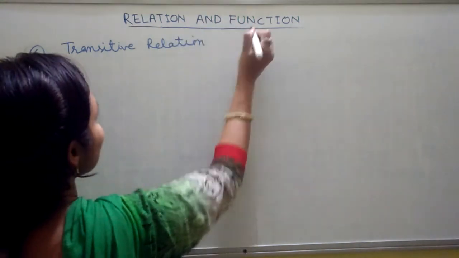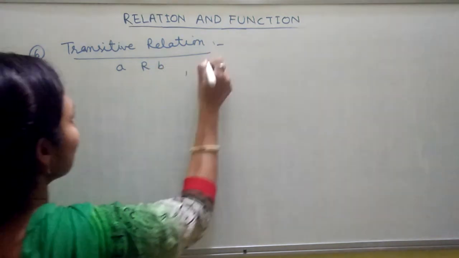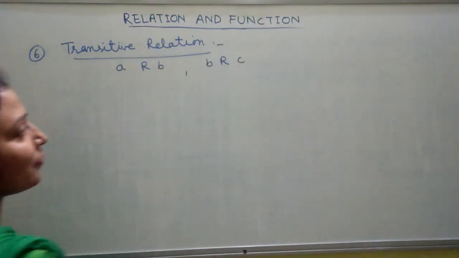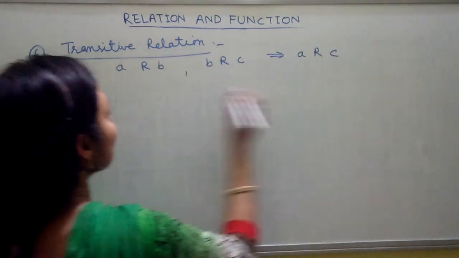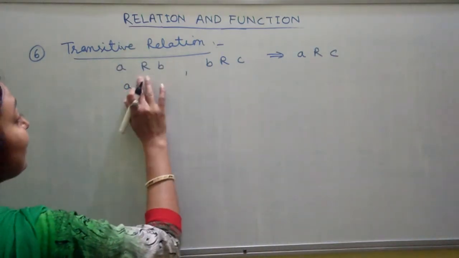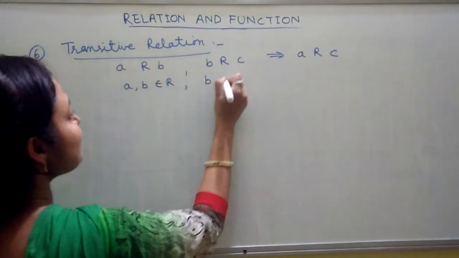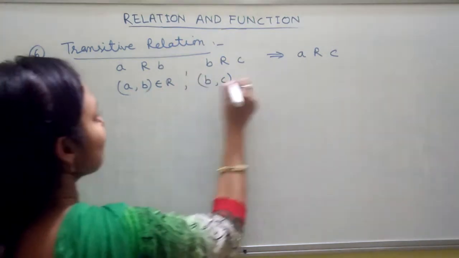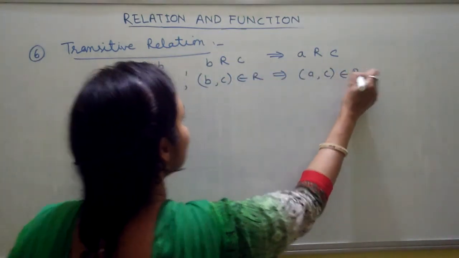In a transitive relation, if A is related to B and B is related to C, and we prove that A is related to C, then we can say that this is a transitive relation. Means if (A, B) belongs to R and it is also given (B, C) belongs to R, and we prove (A, C) belongs to R, then R is transitive.